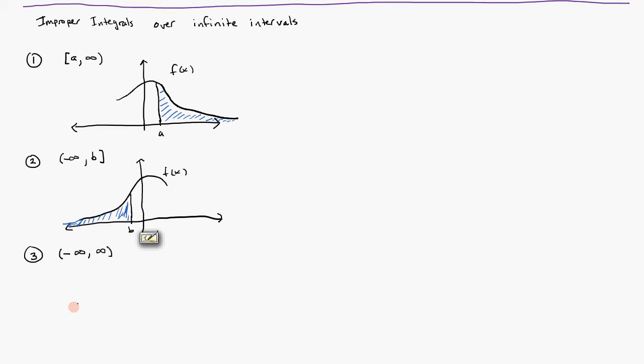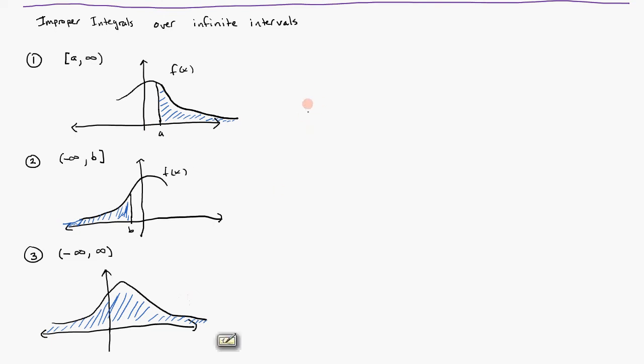And then in the third case, we're interested in the region over the entire x-axis. So the entire region over the entire function. Okay, so let's take a look at how to set up the integral in each case.